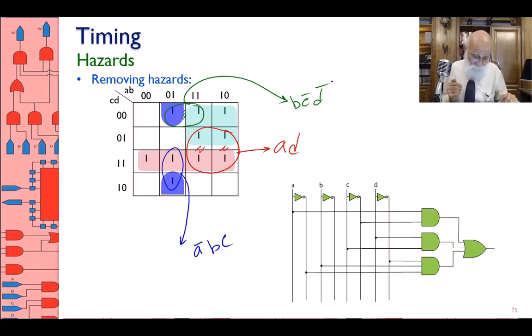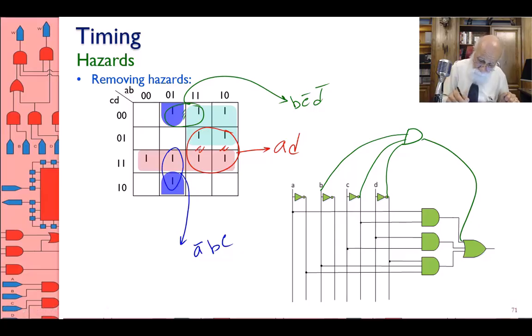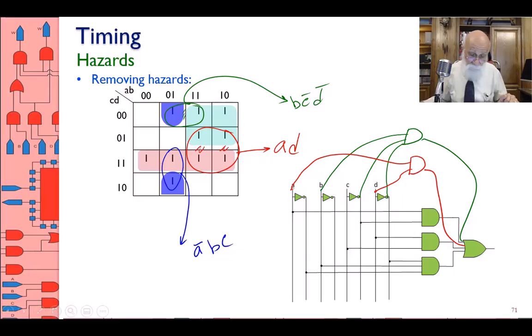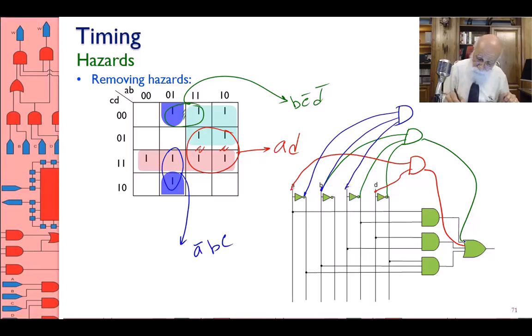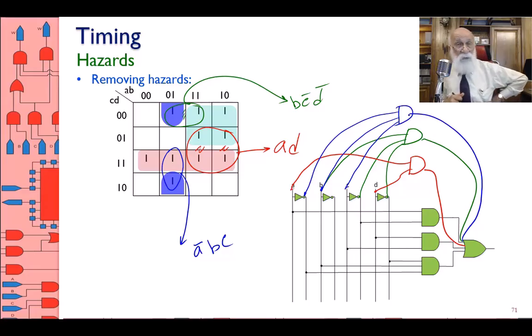What it means is I'm going to add a gate, B, C bar, D bar, a gate, A, D, and a gate, A bar, B, C. You add these three gates, and then you are done with the hazard. So you don't really have to analyze anything because no hazard is going to occur anyway.